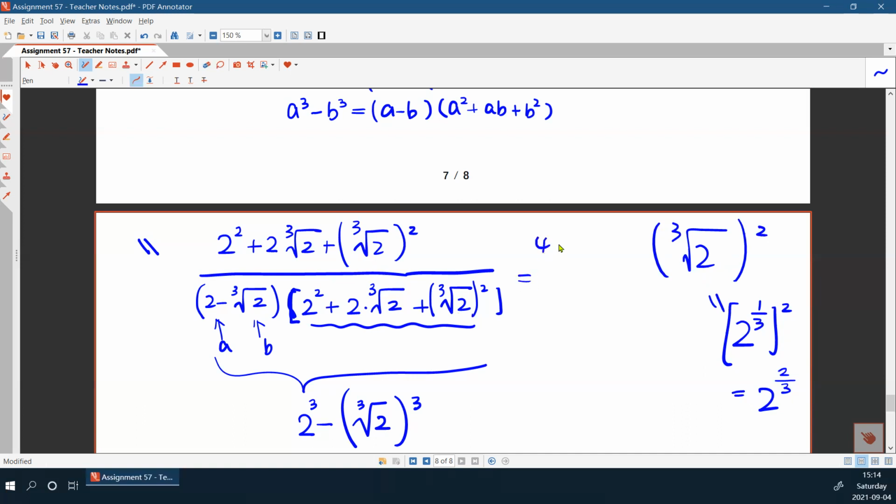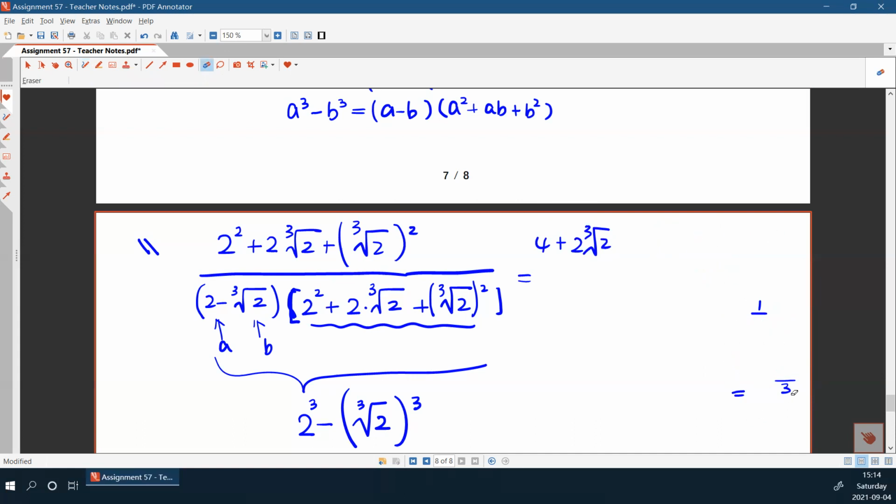Okay, so 4 plus twice of cube root of 2 plus cube root of 4, right?